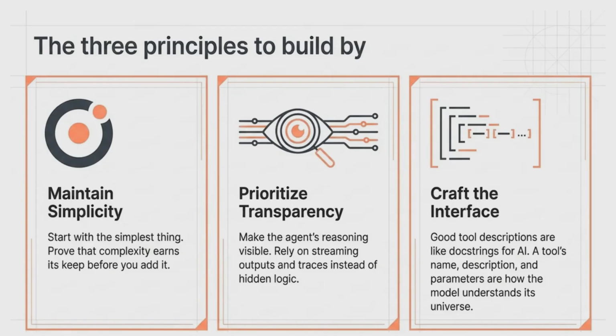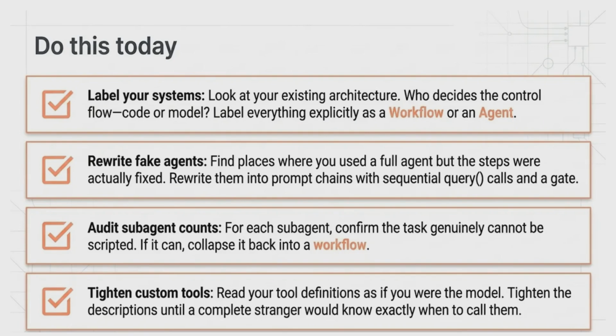Do this today. Take an agent you have built and ask the one diagnostic question of each piece. Who decides the control flow here? My code or the model? Label every piece a workflow or an agent. Find one place where you used a full agent and the steps were actually fixed and nameable. Rewrite it as a prompt chain of sequential query calls with a gate. Pick a task you have not started and walk the decision ladder out loud from a single augmented LLM call down.